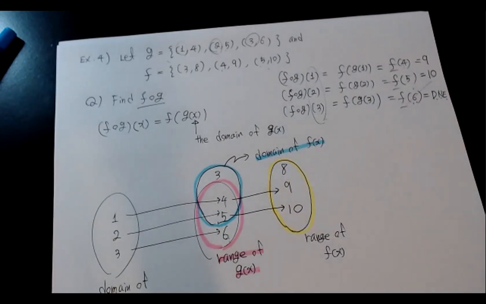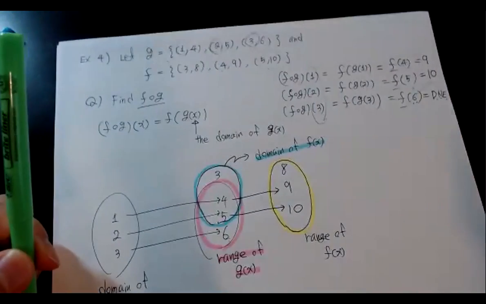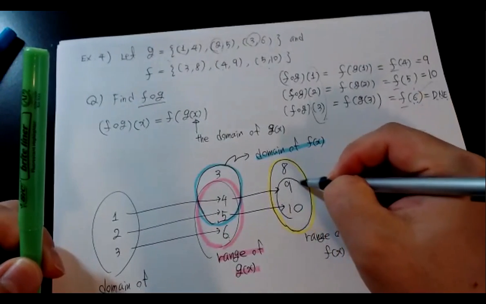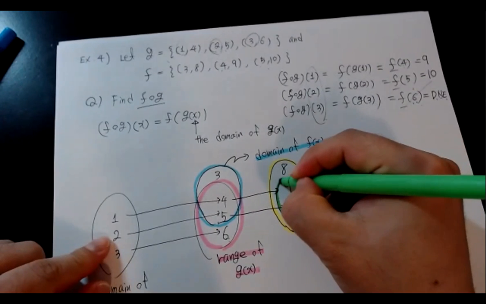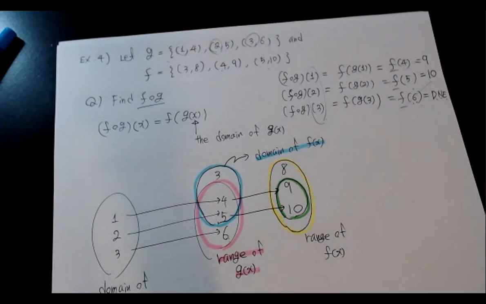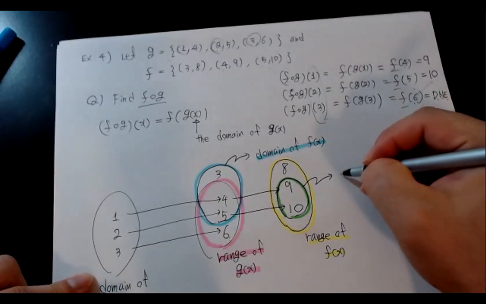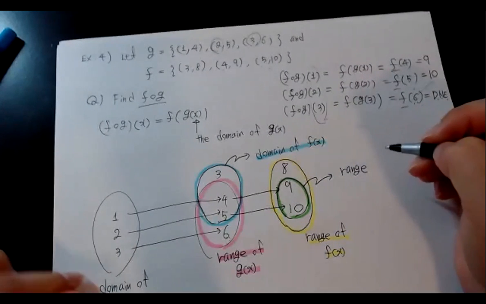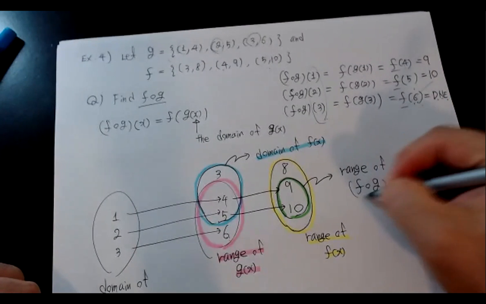But actually we got not all of them, but just 9 and 10. So 9, 10 right here. That's the range of f after g of x.